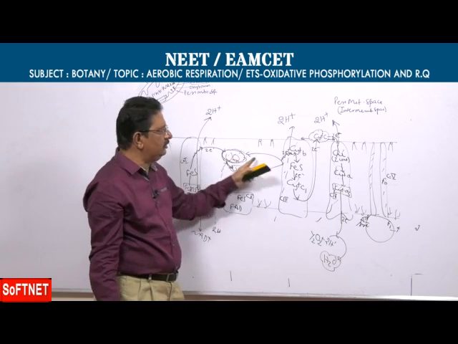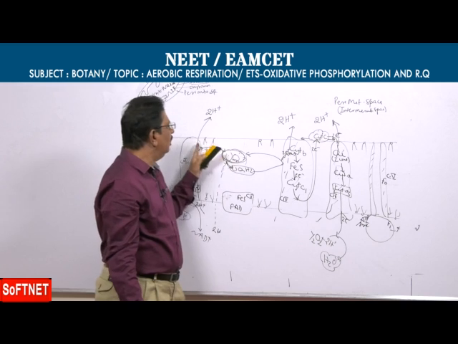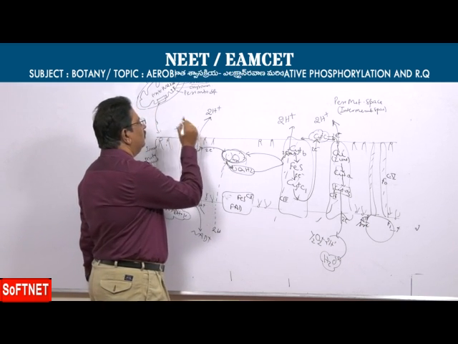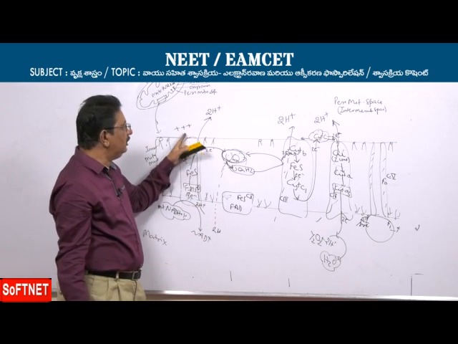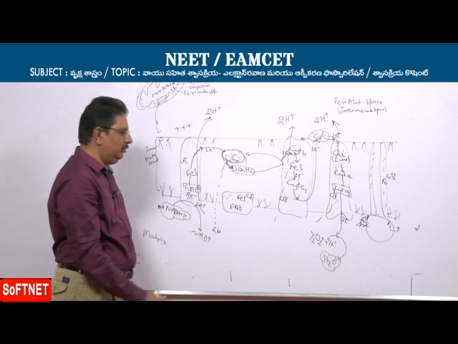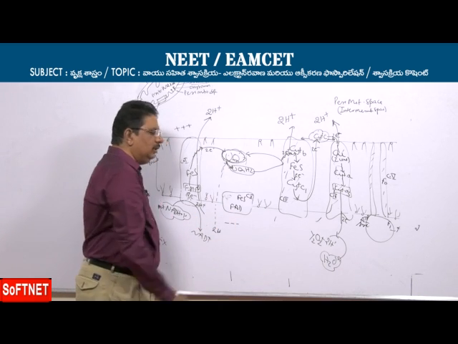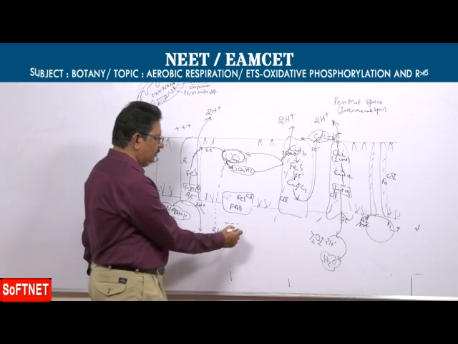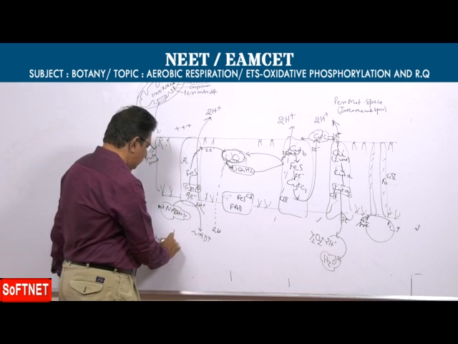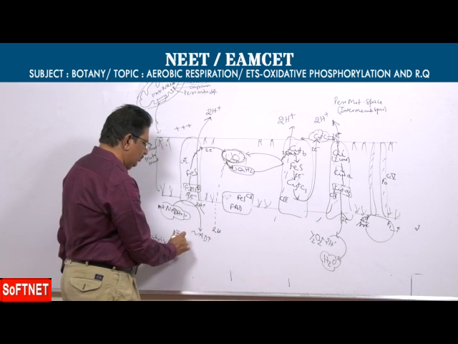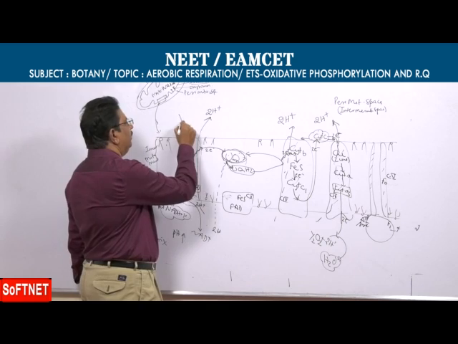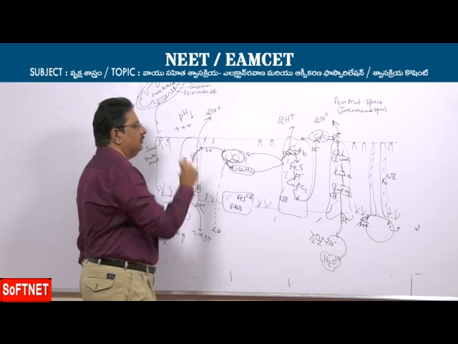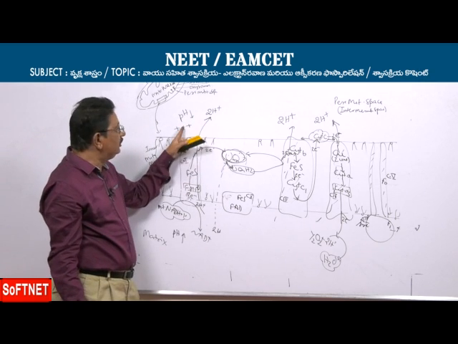As a result of this electron transfer coupled with proton translocation, more and more positive charge increases on one side of the membrane and negative charges develop on the other side. That means the pH of the matrix is going to increase and the pH of the intermembrane space decreases. So, there is a pH gradient.